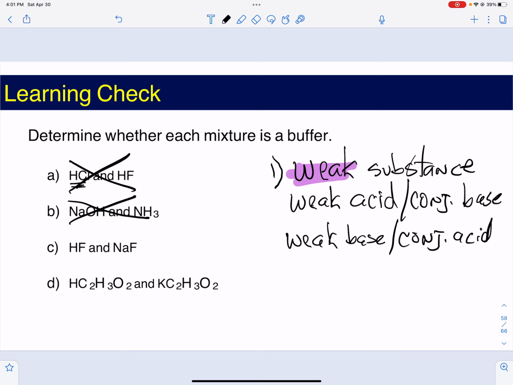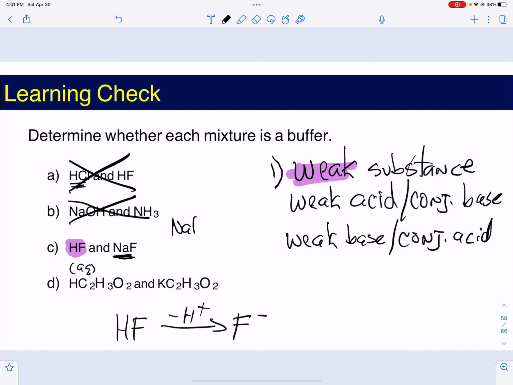The next one, we have a weak acid. If this is a weak acid, it will lose a proton and its conjugate base will be that, right? I do not see that there. Or are you sure? Actually, it's there, because remember, all this is happening in aqueous solutions. So NaF, as you learned in a previous chapter, when you put it in water, it's going to separate, it's soluble, giving you that.